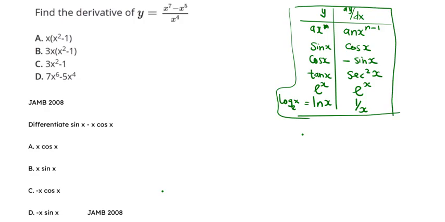Now, the first question we have here says find the derivative of y equals x to the power of 7 minus x to the power of 5, all over x to the power of 4. This is very simple. In less than 10 seconds, you can figure out the answer. Why? Because if you look closely, this function can be factorized. x to the power of 4 can be factorized out, then you'll be left with x to the power of 3 minus x to the power of 1, all divided by x to the power of 4.